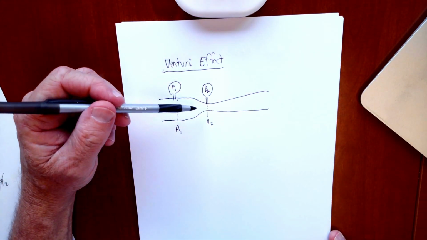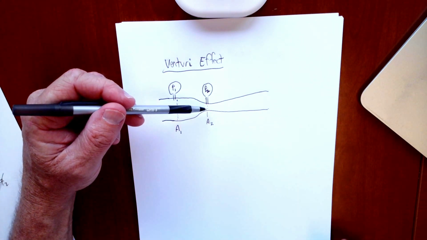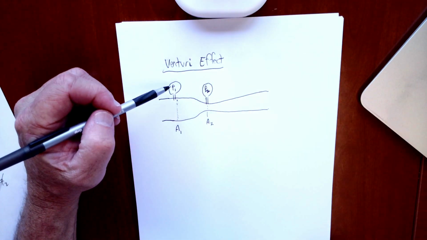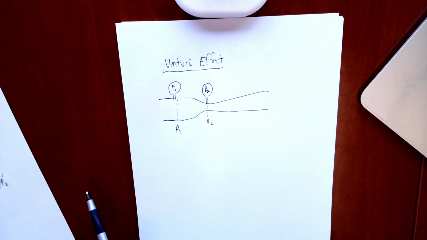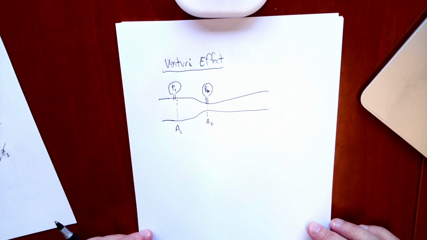The velocity at this narrower portion is going to have to be faster, and so that's going to cause a pressure drop. By looking at the pressure drop between these two, if we know the two areas, we can calculate how fast the flow is moving at either of the two locations.